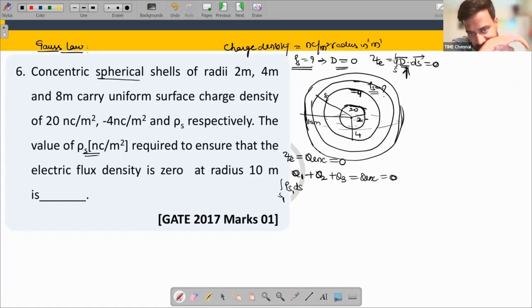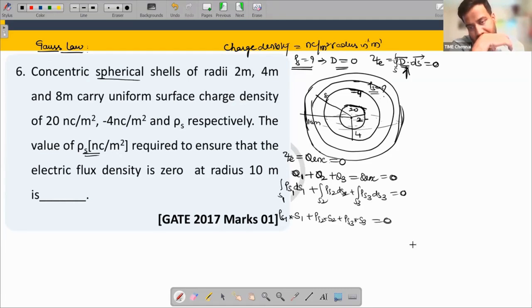For surface 1, rho s1 dS1 plus rho s2 dS2 plus rho s3 dS3 is equal to 0. This is rho s1 into surface integral of dS1 which is S1, plus rho s2 into S2 plus rho s3 into S3 is equal to 0.